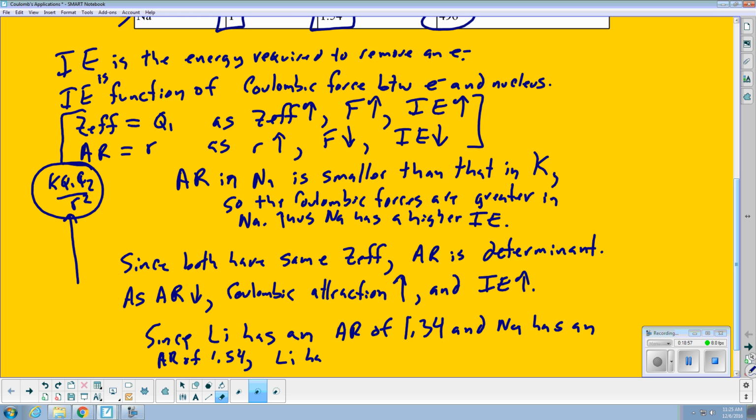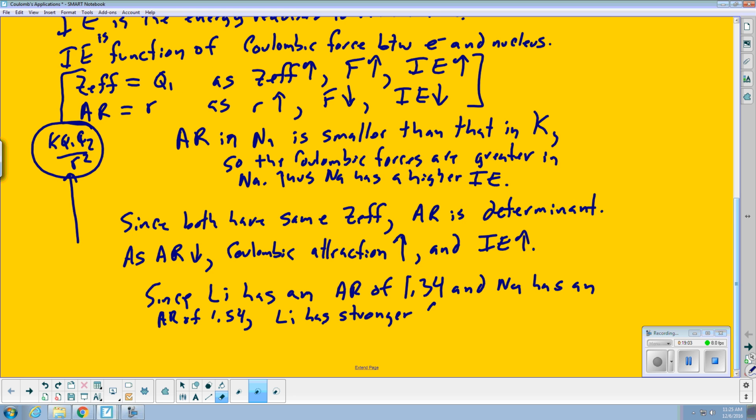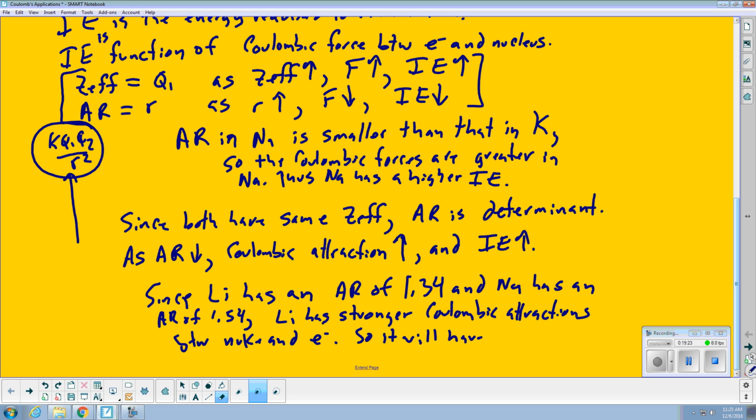Lithium has stronger Coulombic attractions between nucleus and electron, so it will have a higher ionization energy.